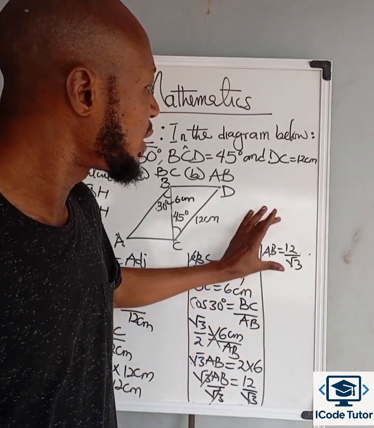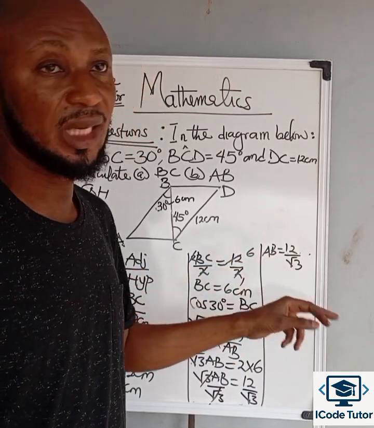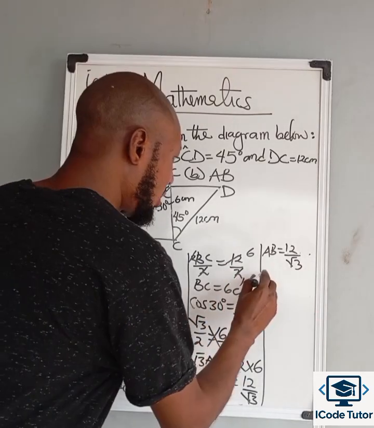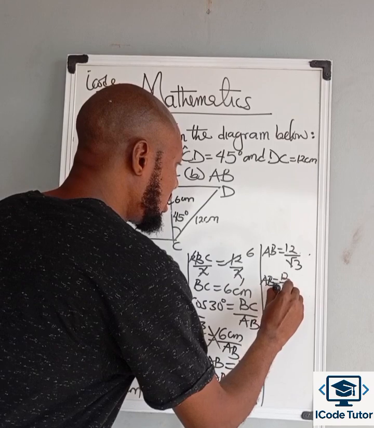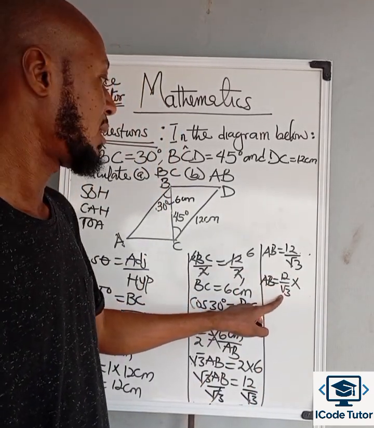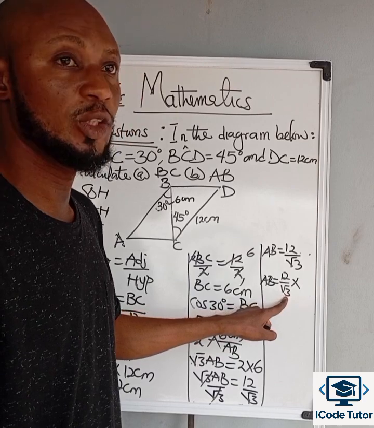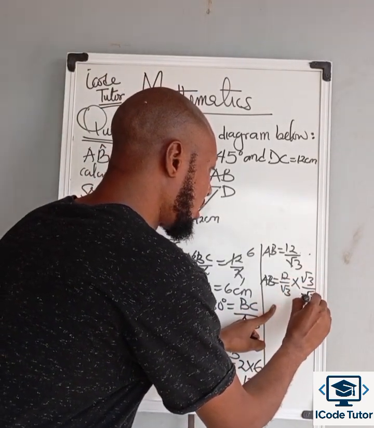In a situation when you have a surd at your denominator, that means that you need to rationalize. This will give us AB equals 12 over root 3 multiplied by root 3 over root 3. Rationalize means you are multiplying by the denominator, that's root 3, over the denominator again.